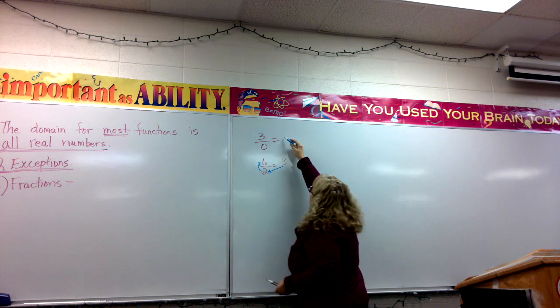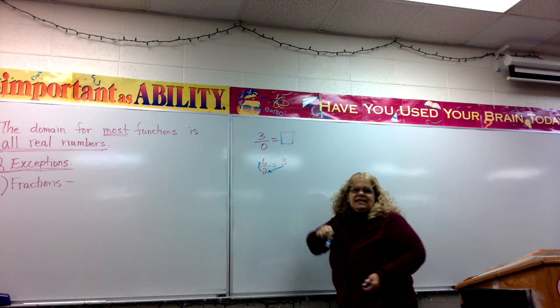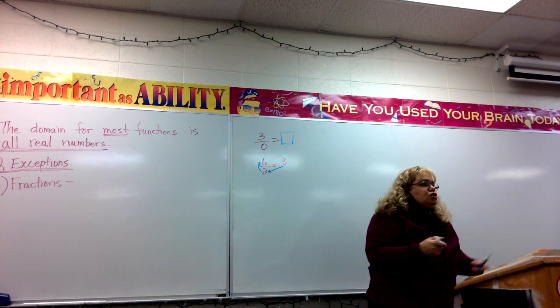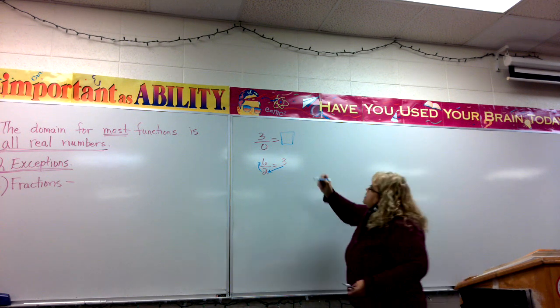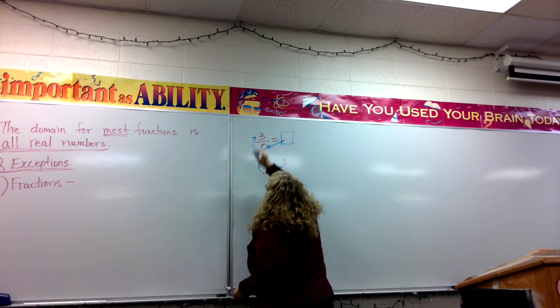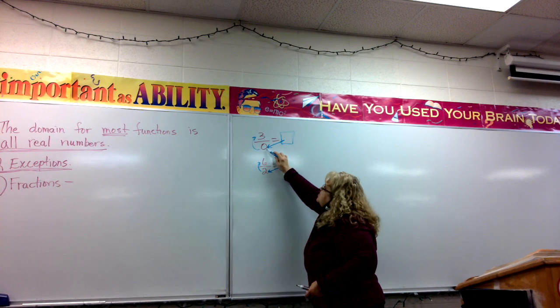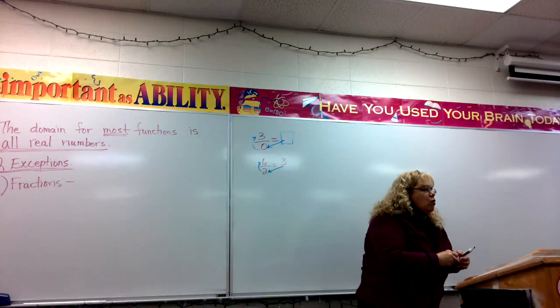But no matter what you put here, you can put any value you want. There is no way that you can put a number here and multiply it by 0 and end up with 3. So 0 in the denominator is not allowed.